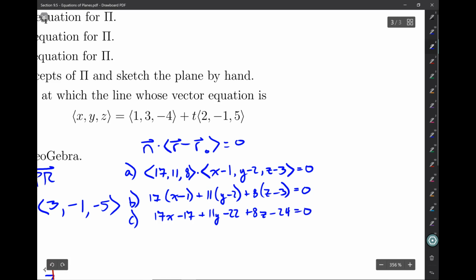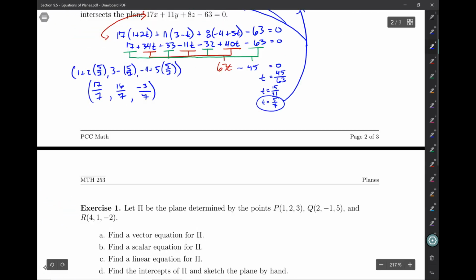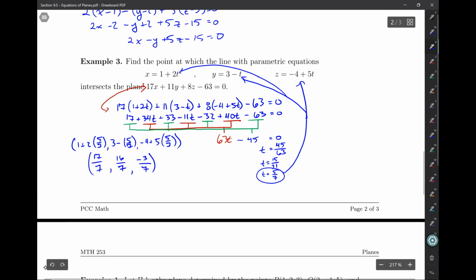That's equal to 0. Alright, so now if we simplify this, we should get 17x plus 11y plus 8z, and then negative 17, negative 22, and negative 24 end up being minus 63. And this actually looks kind of familiar. Here's our scalar equation, and, well, that's actually the exact same scalar equation we had here in example 3. Which is kind of nice.